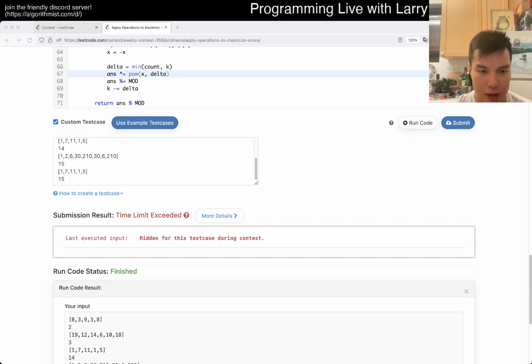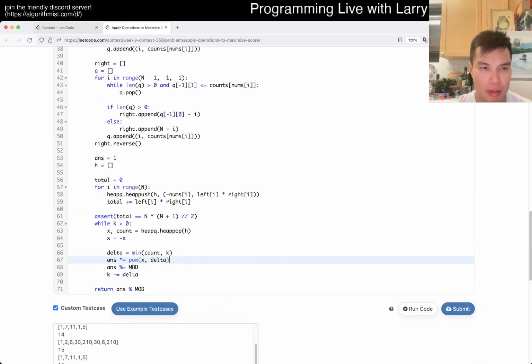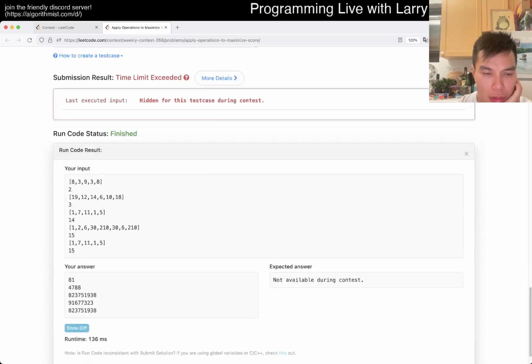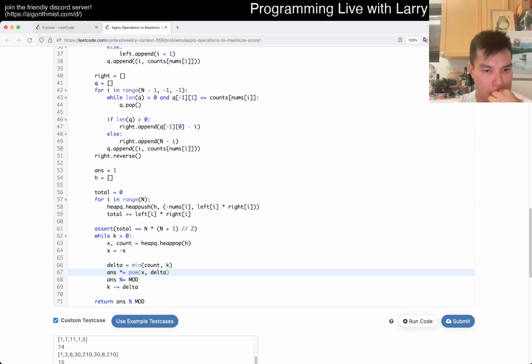What am I debugging? I don't even know why it's debugging.